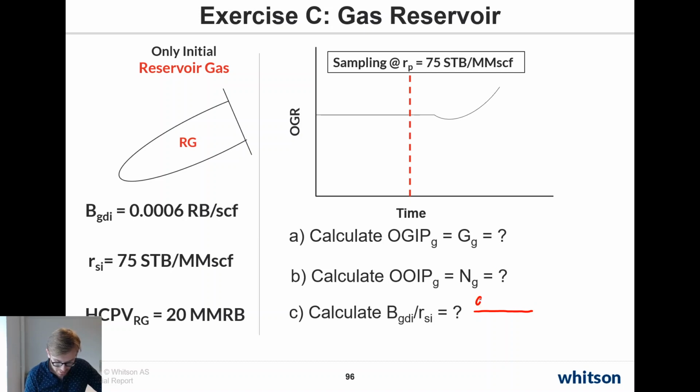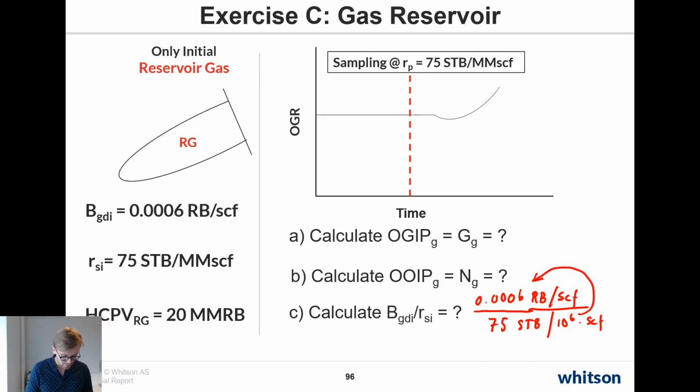We have 0.0006 reservoir barrels per scf. And then we divide that by 75 stock tank barrels per 10 to the 6th scf, right? That's what MMCF stands for.